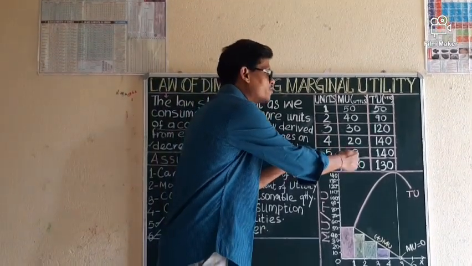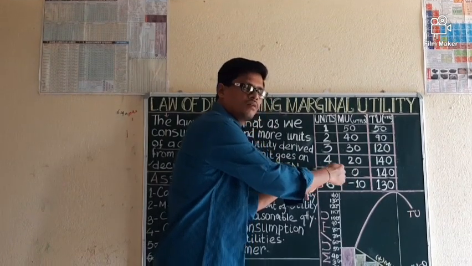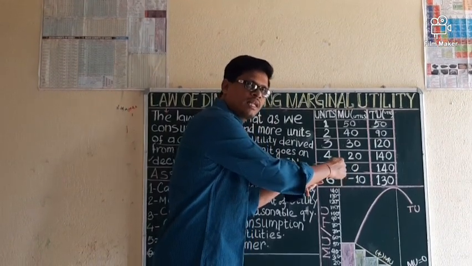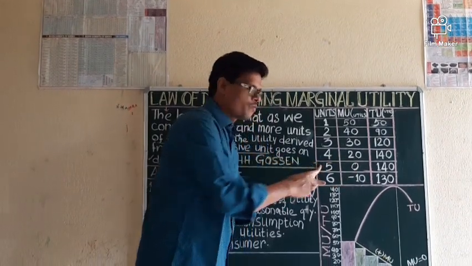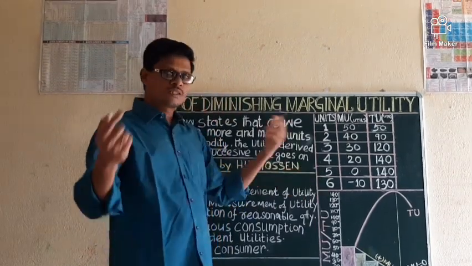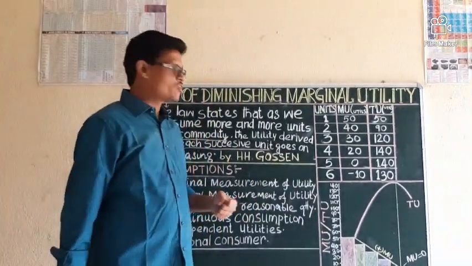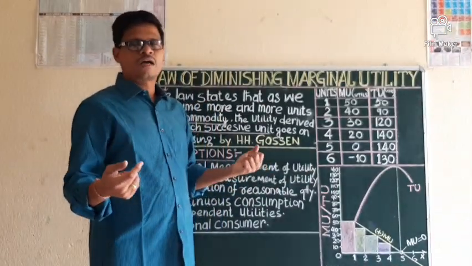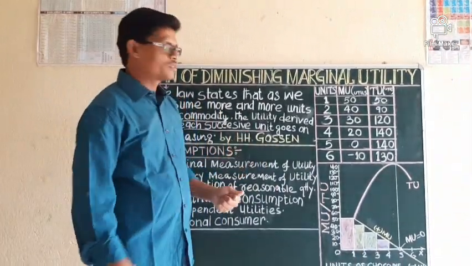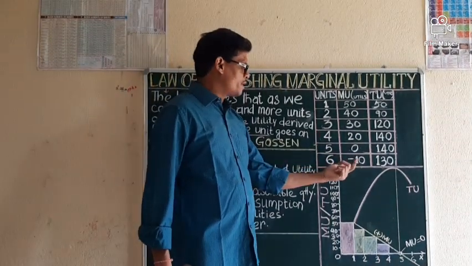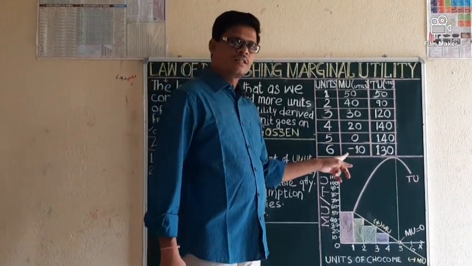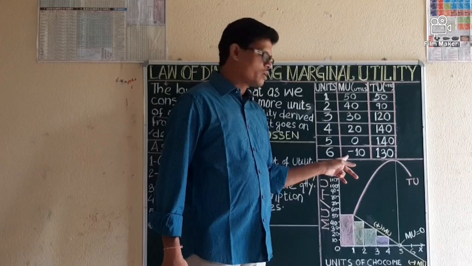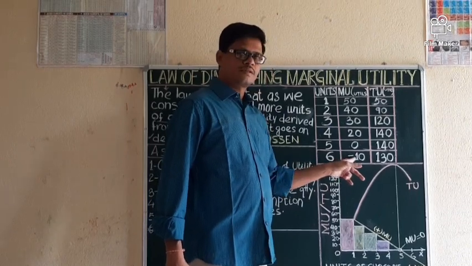And here it is giving you no satisfaction, and even no dissatisfaction. And when your sister insists you to consume the sixth one, when your tummy is almost filled and you are feeling discomfort, that discomfort is indicated with a negative sign, that is disutility, meaning utility of -10.